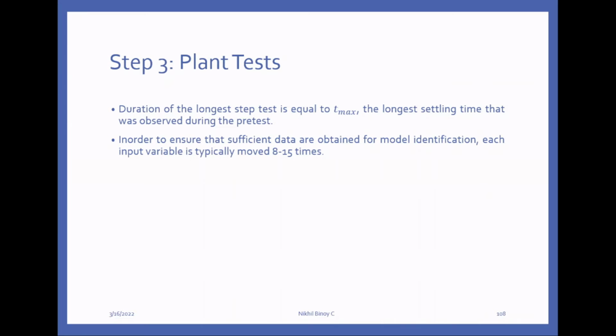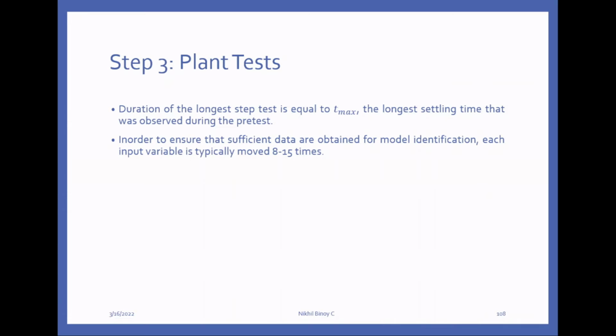In order to ensure that sufficient data are obtained for model identification, each input variable is typically moved 8 to 15 times. So you can see that it will again increase the step 3 duration. Each input step change is repeated 8 to 15 times.